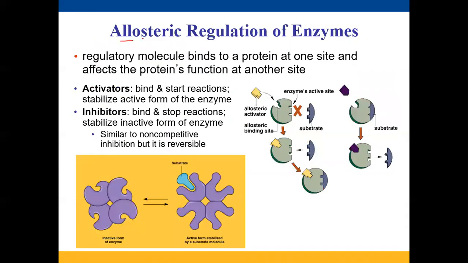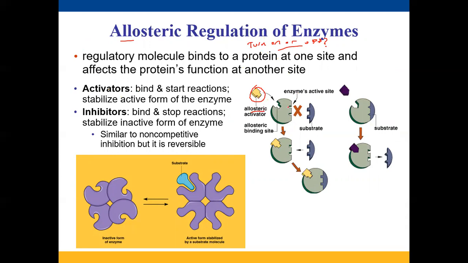Now let's talk about allosteric regulation. How do you turn an enzyme on or off? Like I mentioned earlier, if you have something that's binding not to the active site, but somewhere else, we're going to say that it's binding allosterically.